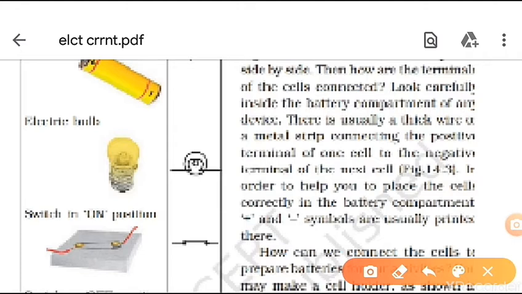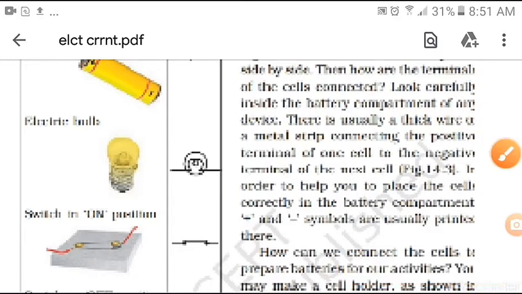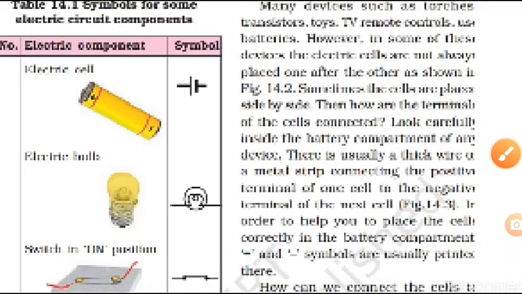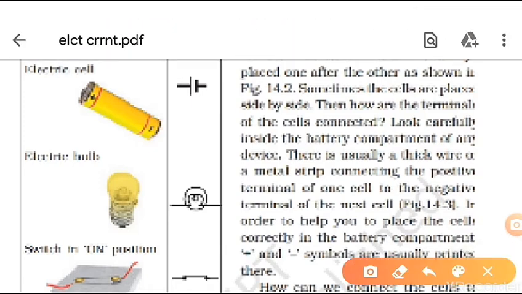Okay, you all have played video games, and in that you insert cells. Next time when you put the cell inside, observe it carefully. When you note down the cell, two things are written over there. One is positive and one is negative on the other side.